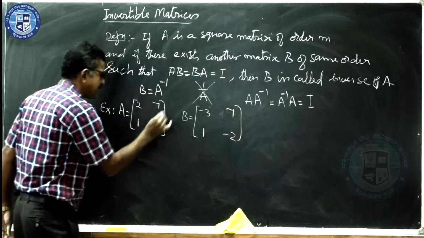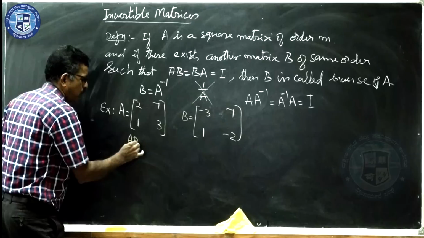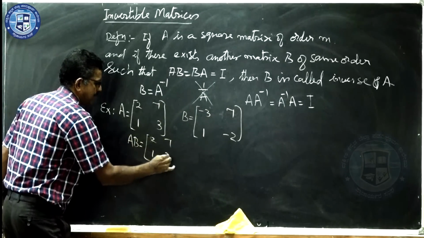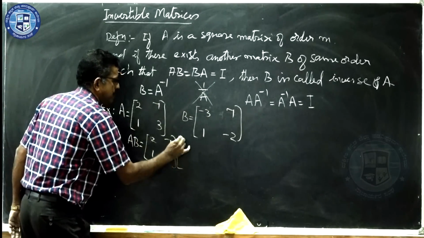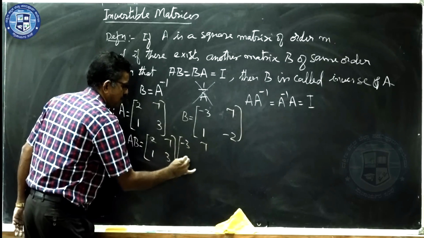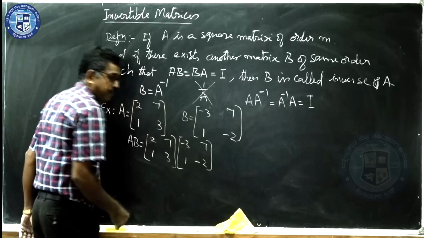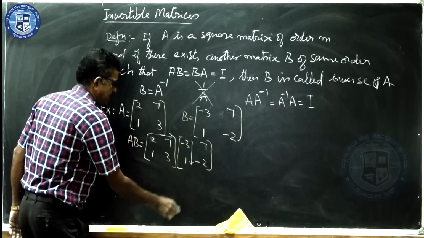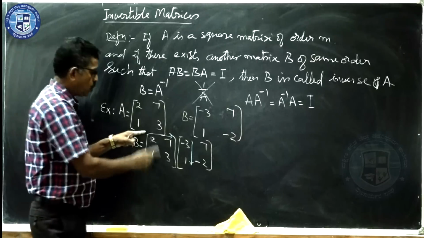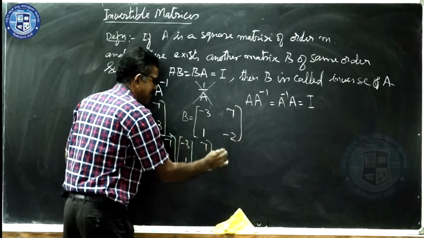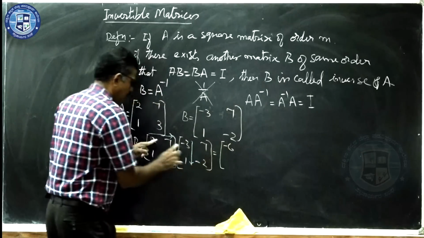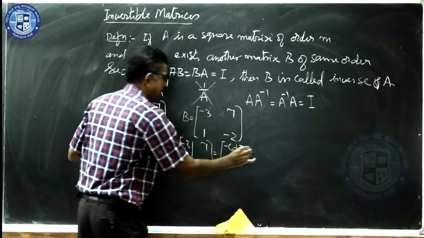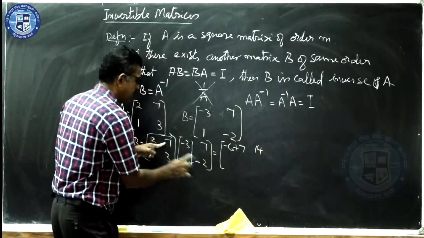Let us check whether it satisfies the condition or not. What is A into B? It is 2, 7, 1, 3 multiplied with minus 3, 7, 1, minus 2. We multiply rows of the first matrix with the columns of the second matrix. What is 2 into minus 3? It is minus 6. What is 7 ones? It is 7. What is 2 into 7? It is 14. What is 7 into minus 2?